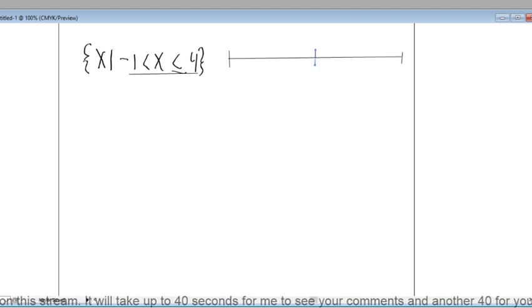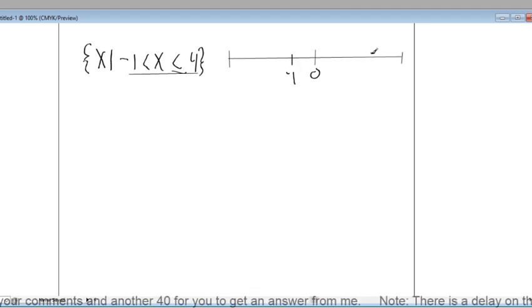So we have to graph both of these numbers. Both of these numbers are locations relating to x. So -1, we'll say, is about right here. And we'll say 4 is maybe right here.